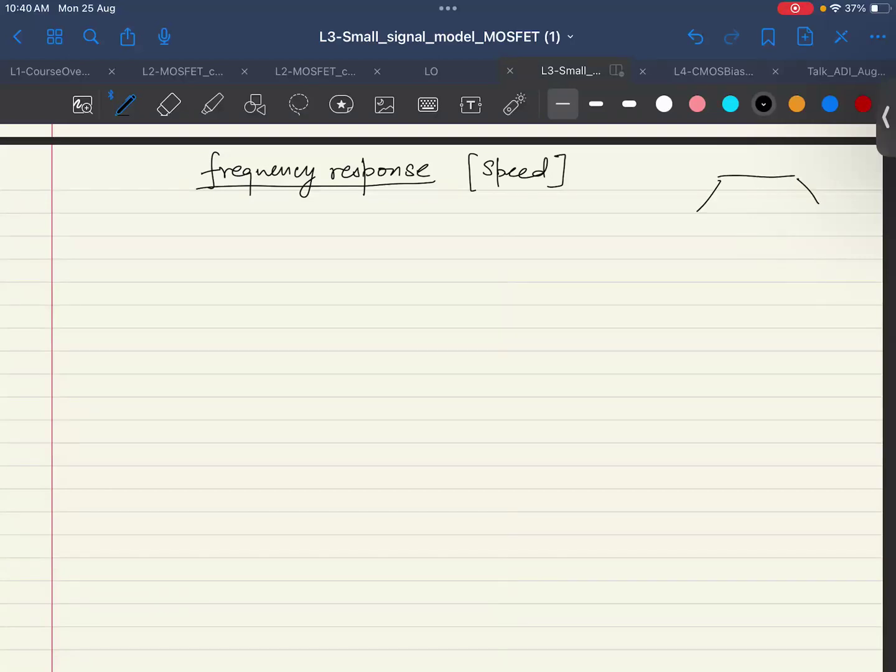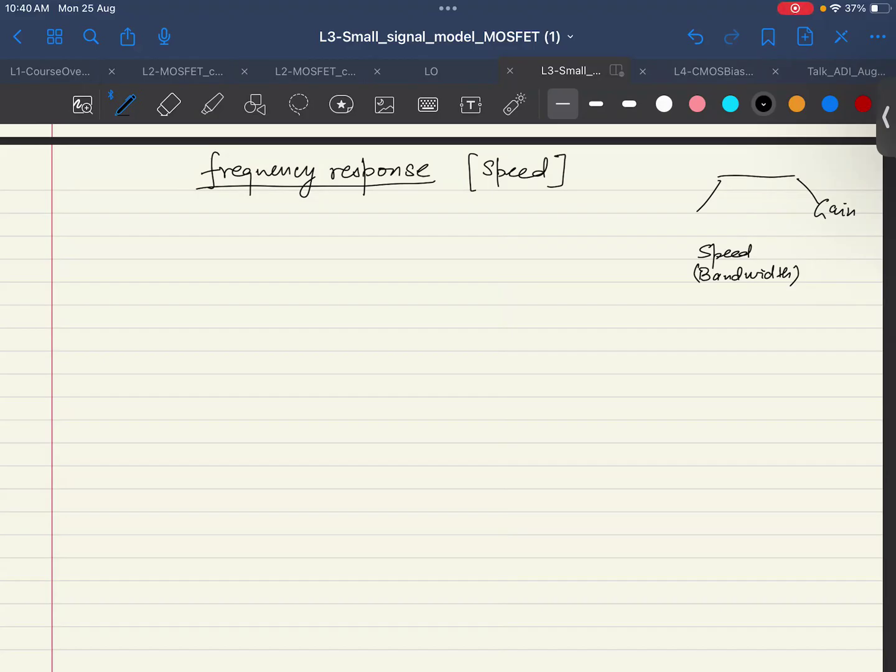So there was gain and there was speed, which is also known as, you can define this figure of merit in terms of bandwidth. More the bandwidth, more there is possibility of having speed for the same gain, right?